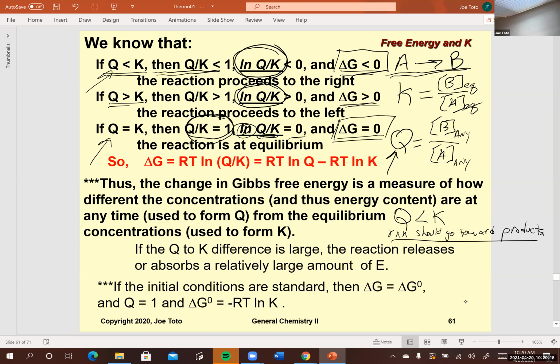After studying this and looking at the values of delta G and the equilibrium constant for many reactions, you can see that from what we said up here, delta G is proportional to the log of this ratio Q over K. You study this for a while and you find that the proportionality constant is RT.